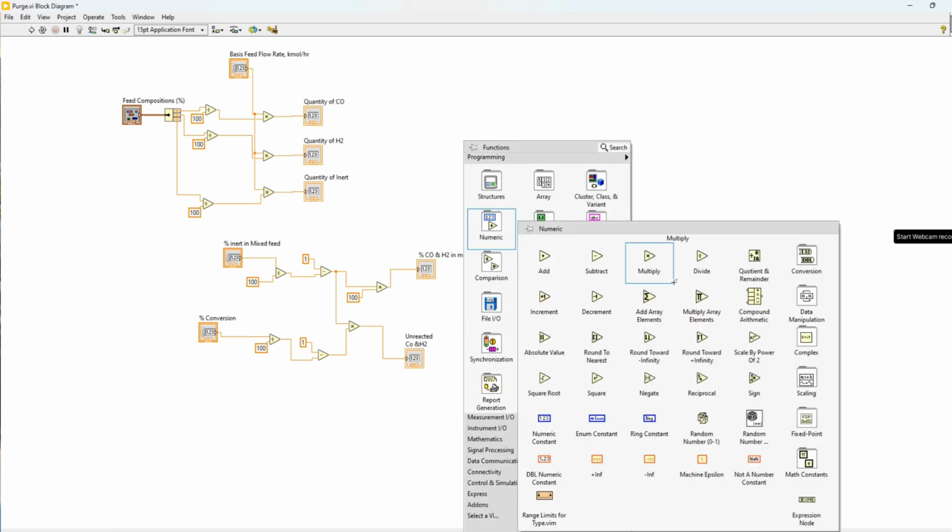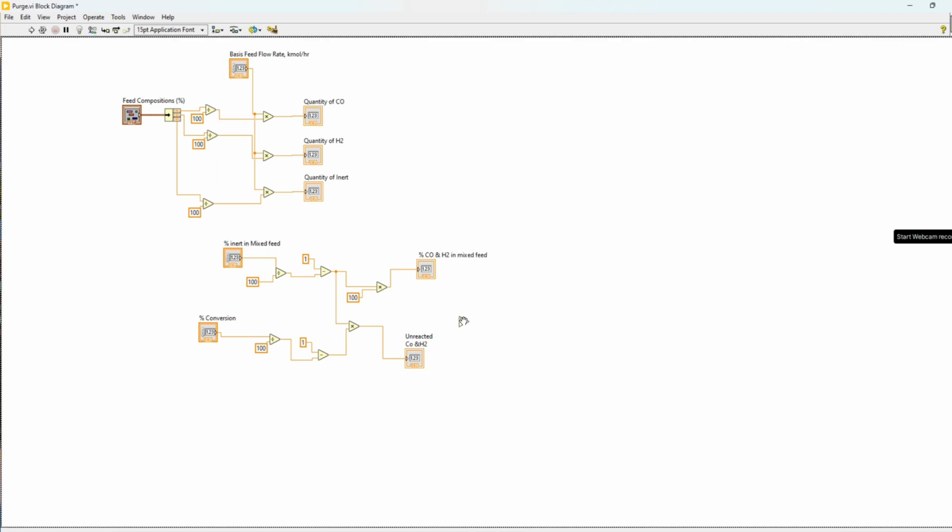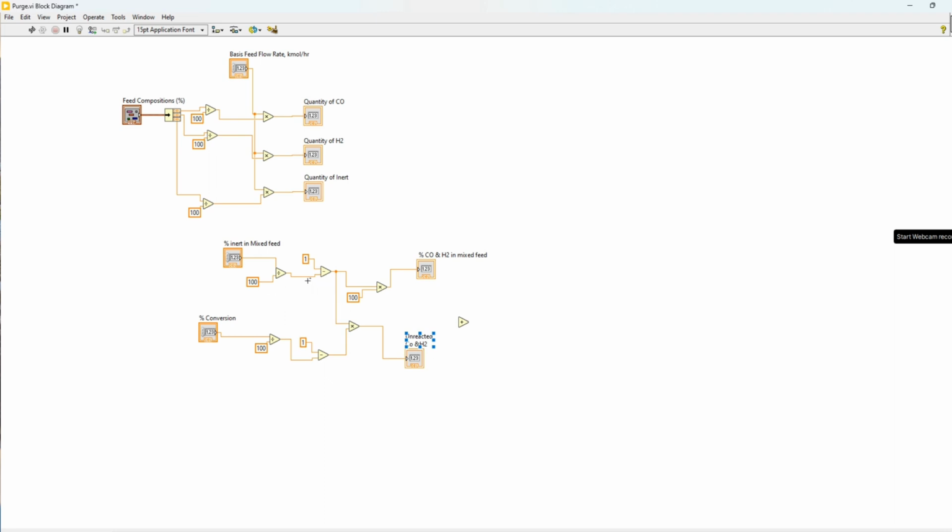So for that, I'm taking this one and this, and so this is your unreacted CO, H2 and inert.